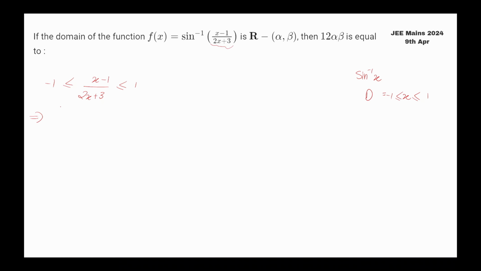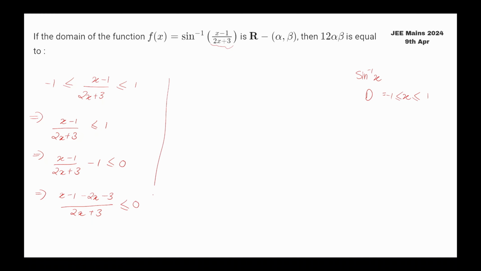So first I'll take this part where I have (x minus 1) upon (2x plus 3) less than equal to 1. So this would become (x minus 1) upon (2x plus 3) minus 1 less than equals to 0. So from here I would have (x minus 1 minus 2x minus 3) upon (2x plus 3) less than equals to 0.